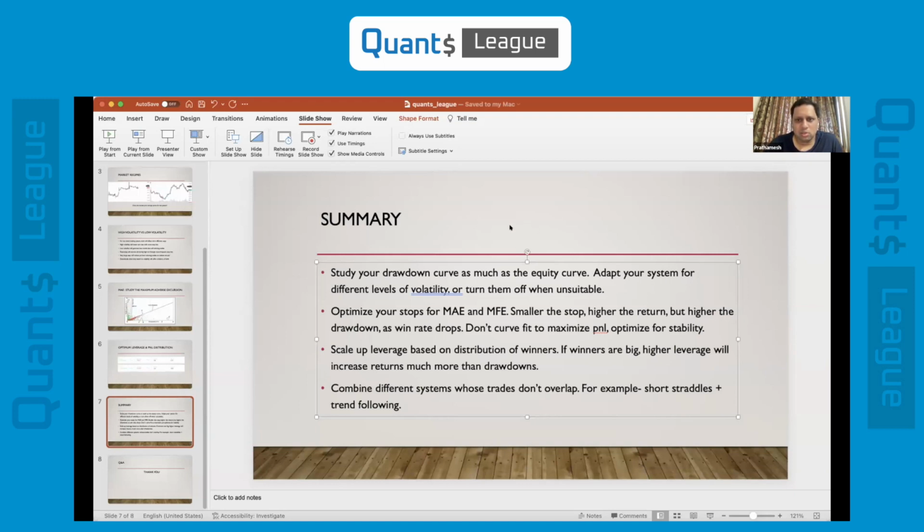One more question is, are risk management and drawdown optimization the same? So I would say there's a difference. Risk management is ensuring that you do not blow up your account. It means you trade within reasonable size.